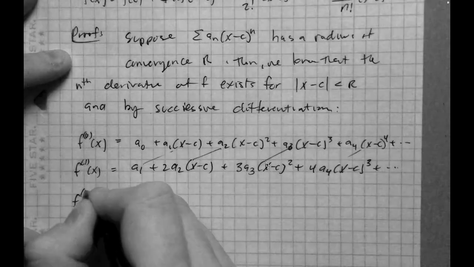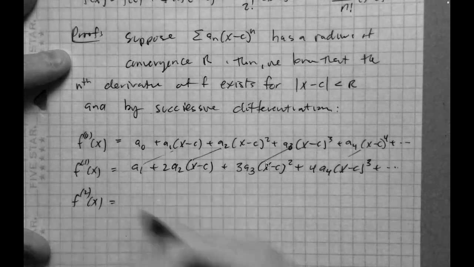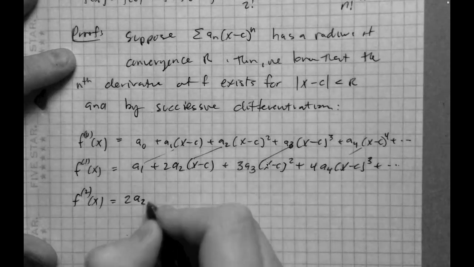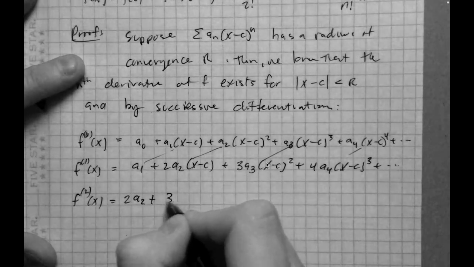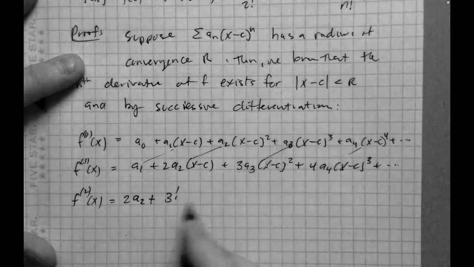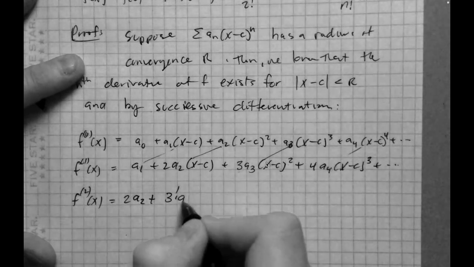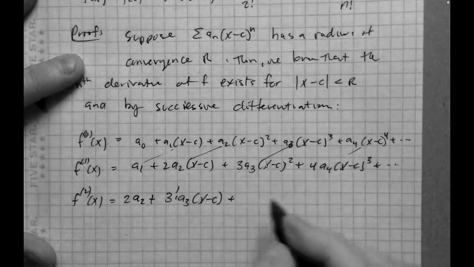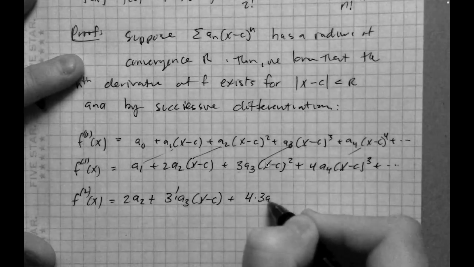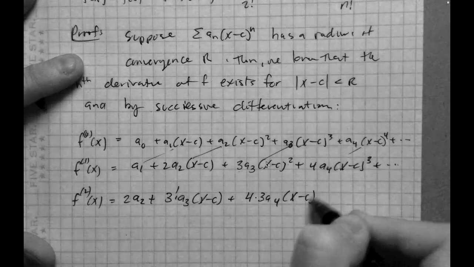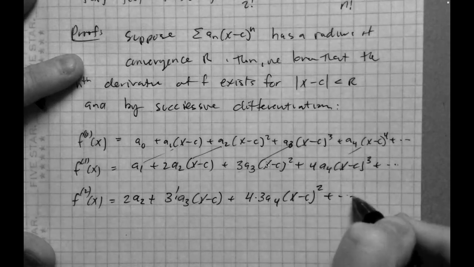What about the second derivative? Let's just build up the pattern. The second derivative will be 2 times a2 plus, and here's where we can start to see the factorials, 3 times 2, so 3 factorial, a3 times x minus c plus 4 times 3 a4 times x minus c squared plus dot dot dot.